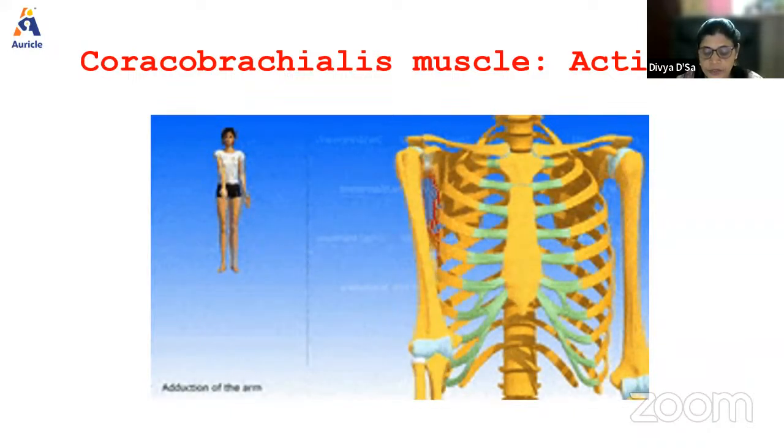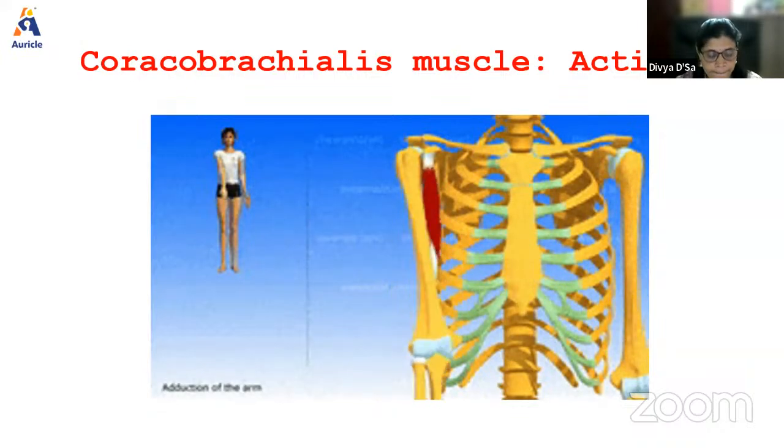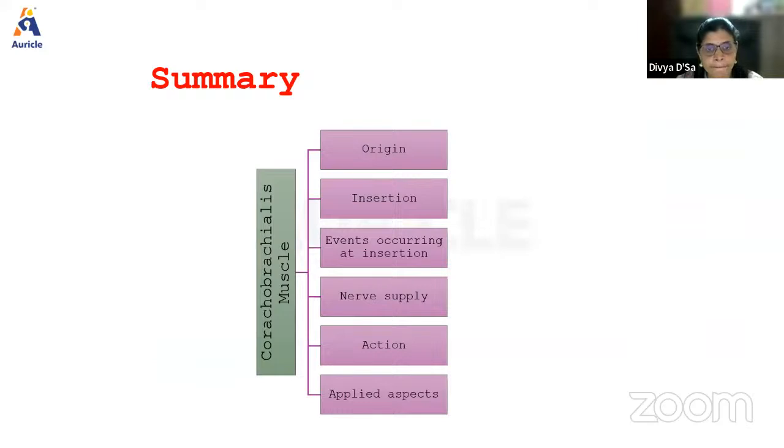So that is the action of the muscle. This is how you will summarize or write under these headings. You have to write about the coracobrachialis muscle.